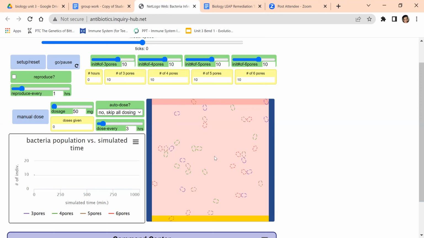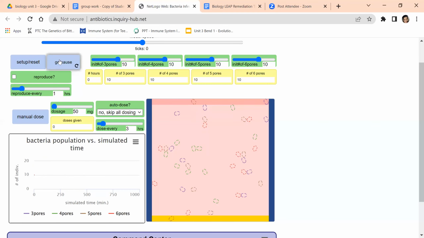Those are going to be the antibiotics, and the antibiotics are going to start eliminating these bacteria. Our graph over here is going to show us how many of the bacteria are left after the antibiotics are administered. Let's see what happens.